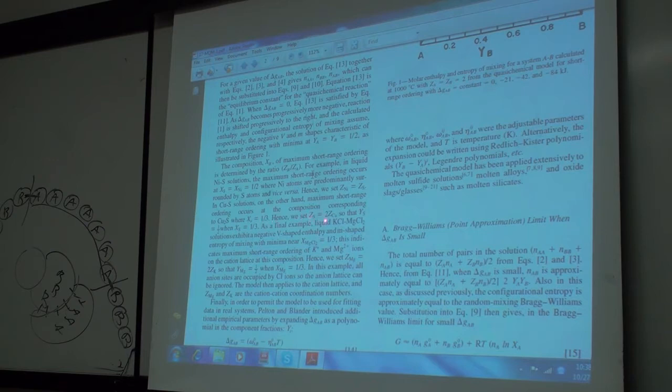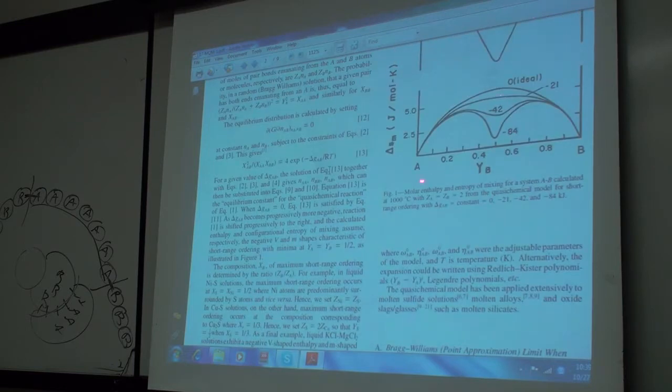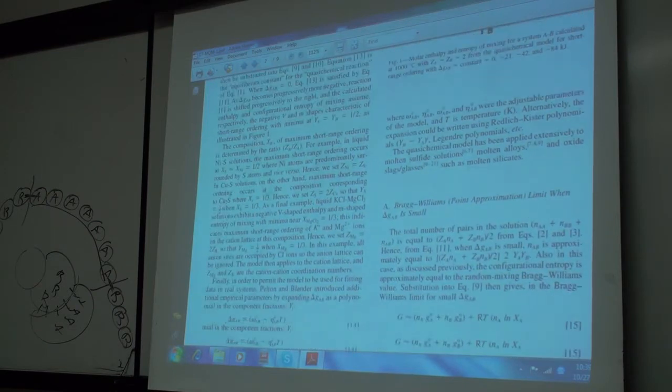Hence we said Z sulfur equals 2 Z copper, so that Y sulfur equals a half when X sulfur equals a third. So in pure Cu2S, which is almost completely ordered, there are twice as many coppers as sulfurs, so the coordination of sulfur must be twice that of copper. If you were to plot, in the copper-sulfur system, against the equivalent fraction of sulfur, your minimum would be at 50%.